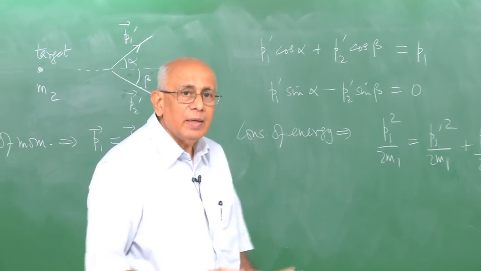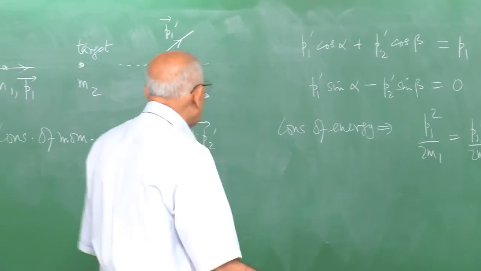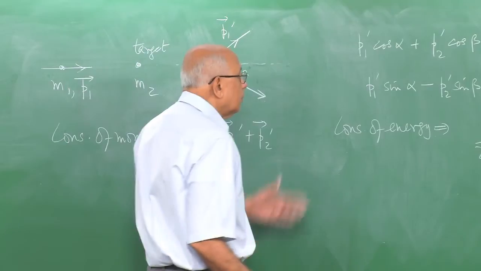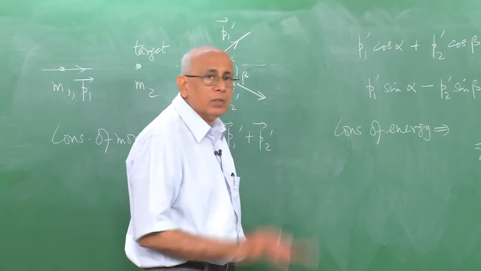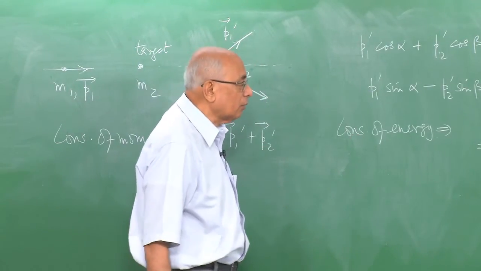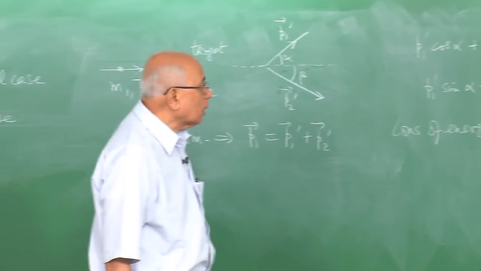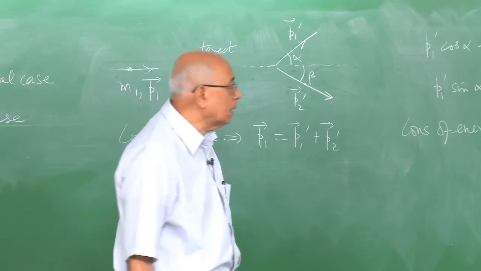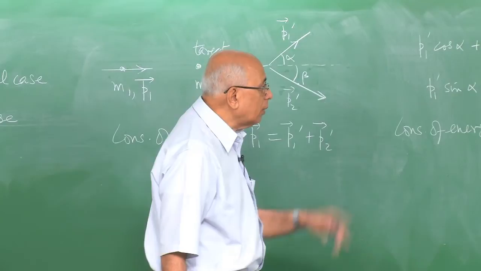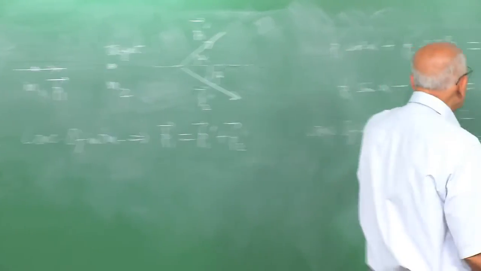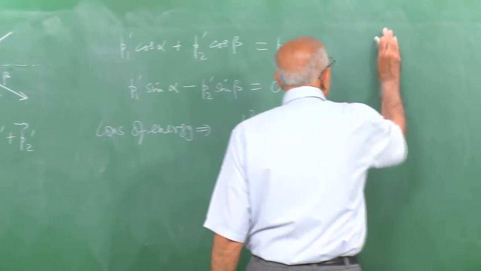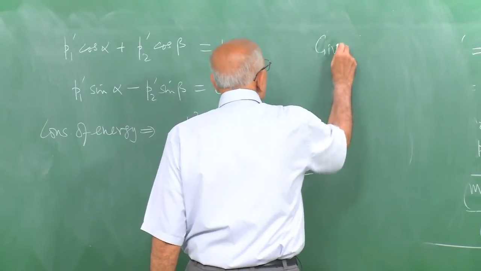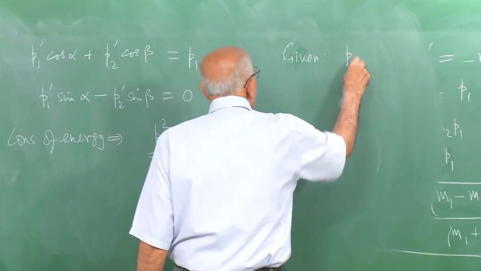That's it. We don't have any further information. We've used up conservation of momentum, we've used up conservation of energy, and that's all the kinematic information we have from conservation principles. What can we now say beyond this? Well, we have to take stock of how many unknowns there are. There are 4 unknowns. The given is P1.